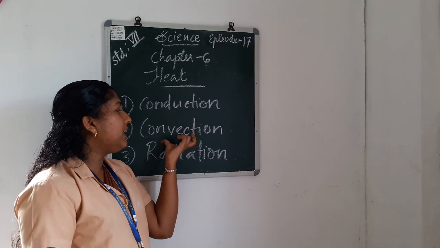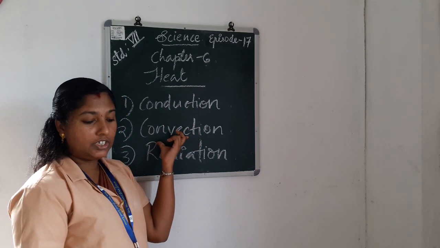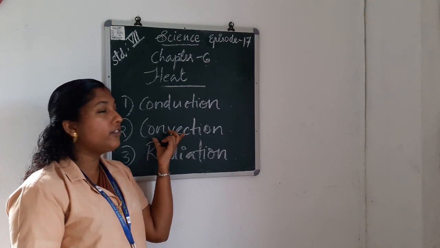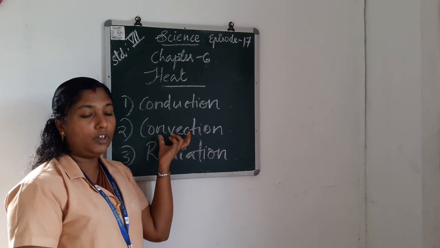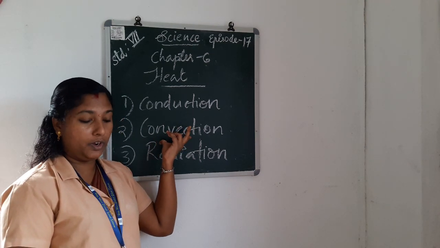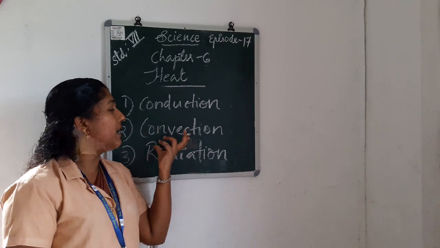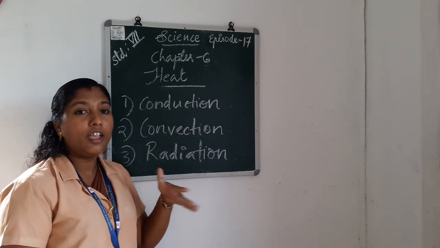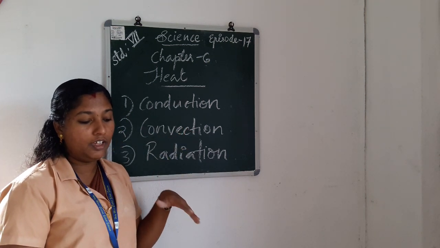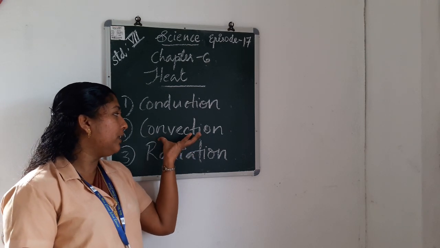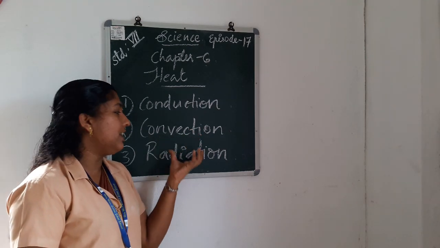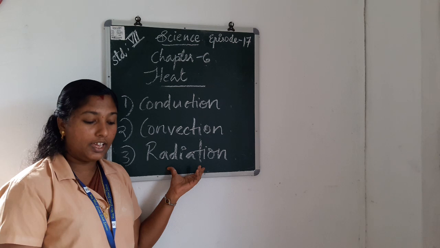Then what do you mean by convection? The mode of transfer of heat from the hotter part of a fluid or liquid to its colder parts by the movement of the liquid itself is called convection. What do you mean by radiation?